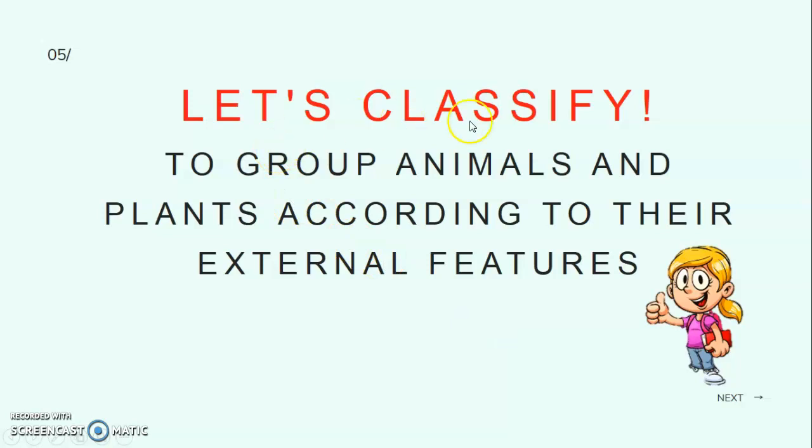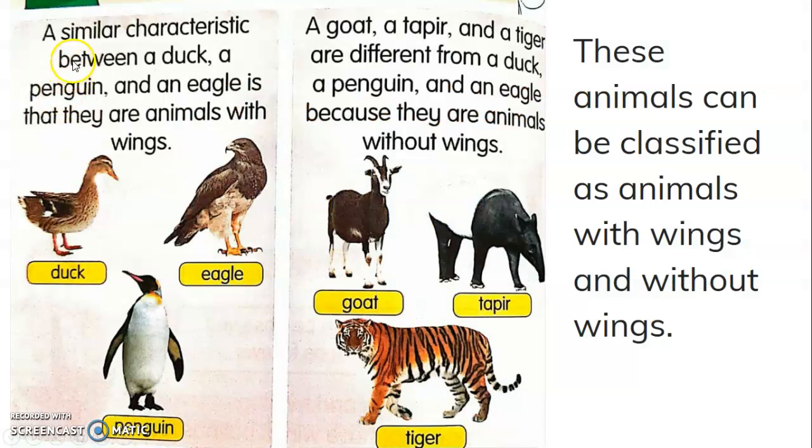Let's classify. To group animals and plants according to their external features. Kita akan kelaskan haiwan dan tumbuhan mengikut ciri luarannya. We classify them.